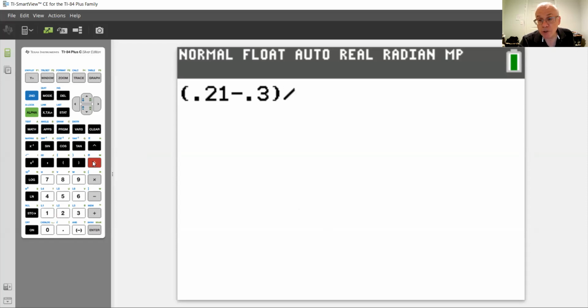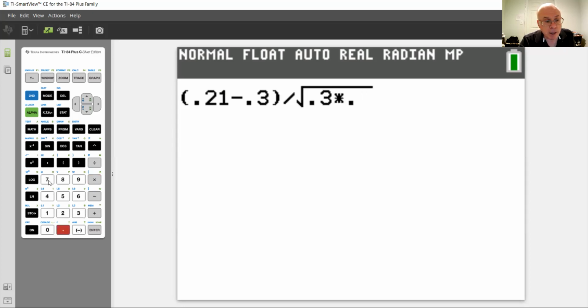It's our standard error, which is the square root. Now we use p, not p hat, inside here, so it's going to be 0.3 times 1 minus 0.3, that's 0.7, and divide by 200, the sample size. Now we can use our right arrow to exit out of the square root, and hit enter.